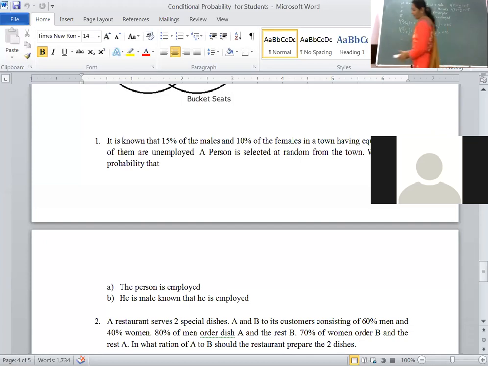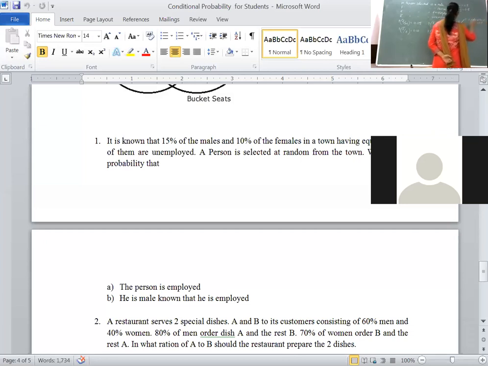Next. The first question, what they asked, the person is employed. Probability that the person is employed. What is the logic here? The person is employed. Two possible options. The person is male and he is employed is one option.